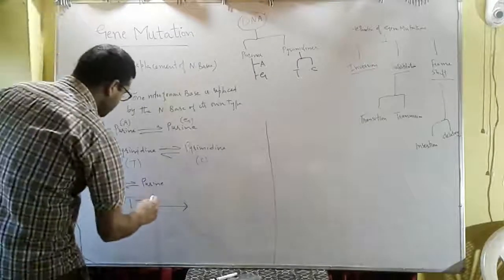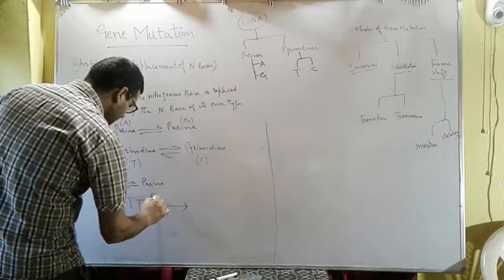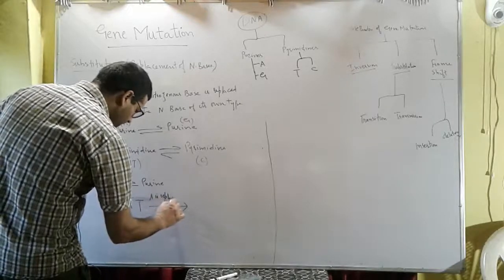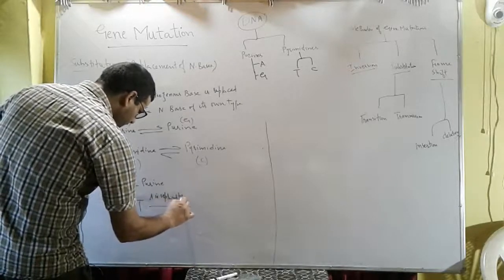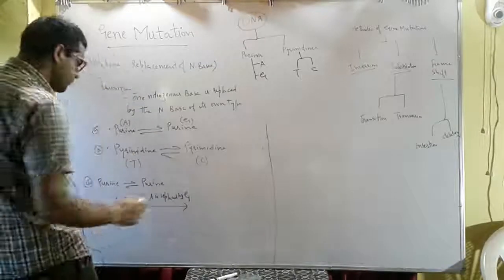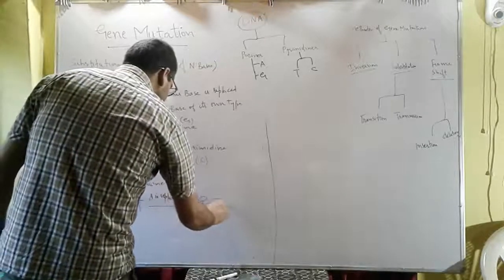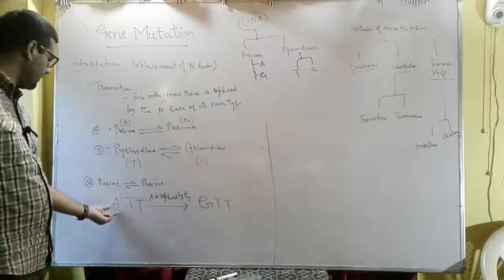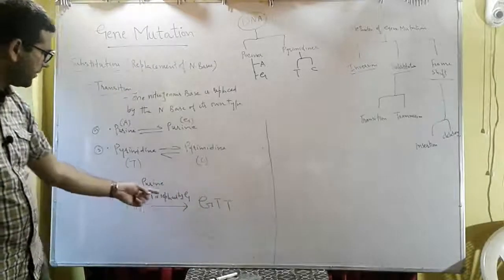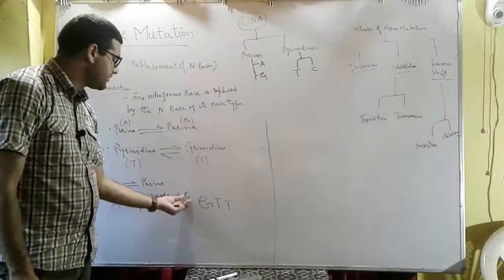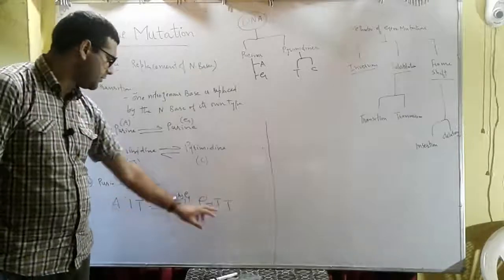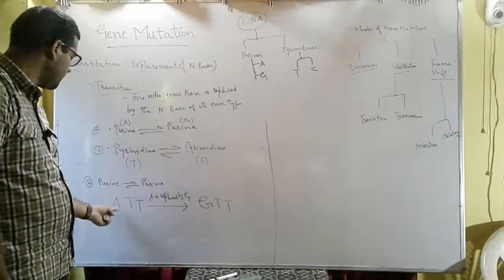So A is replaced by G. So here we will have GTT. So when the purine adenine is replaced by another purine, that is G, the new base sequence is GTT. The original base sequence is ATT.